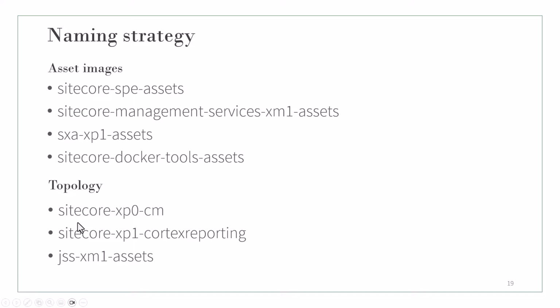For example, Sitecore XP0 CM is a Docker image only for use in the XP0 topology. The Sitecore XP1 Cortex reporting and the JSS XM1 assets are asset images that can only be used in the XM1 topology.